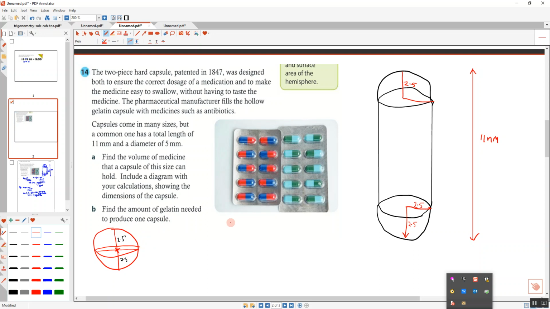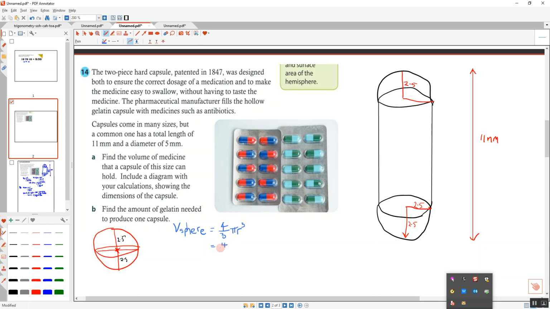All right, so we are after the volume. We need two things. We need the volume of a sphere. The volume of a sphere is 4/3 pi r cubed.